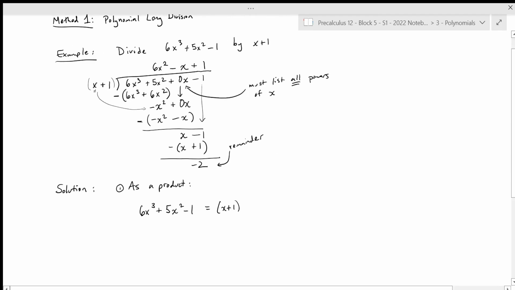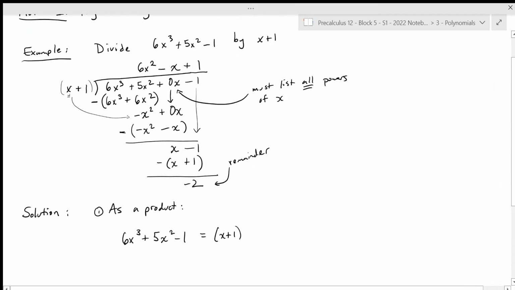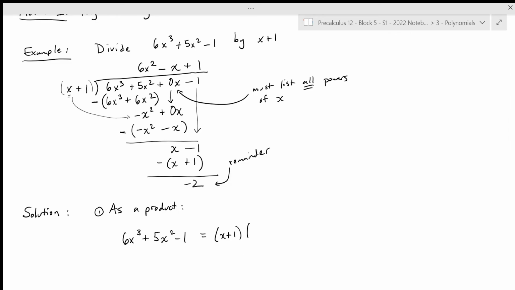I'm going to zoom out just so that you can see the whole problem a little bit. So that's x plus 1 times the answer, 6x squared minus x plus 1, with minus 2 left over. Okay, so that's your remainder.